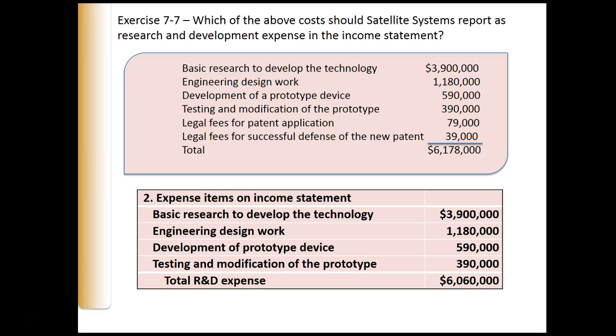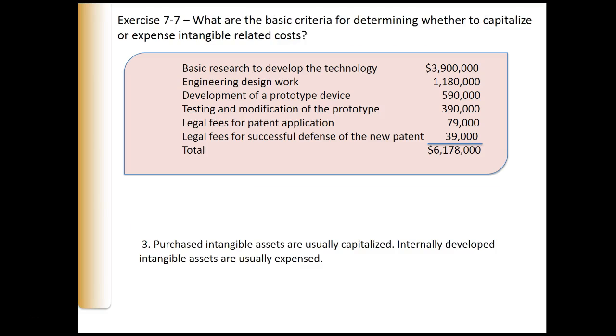The items that would be put on the income statement would include the rest: the research, the engineering design work, the development of a prototype device, and the testing and modification for $6,060,000 for R&D as an expense on the income statement in the current period. Purchased intangible assets get capitalized. Internally developed intangible assets get expensed apart from legal fees.